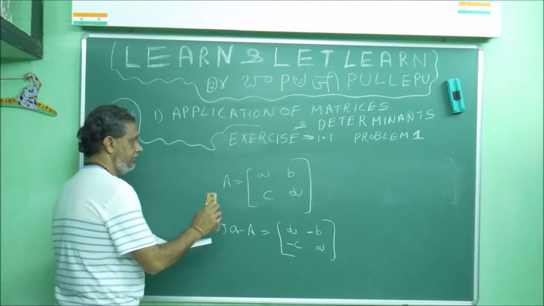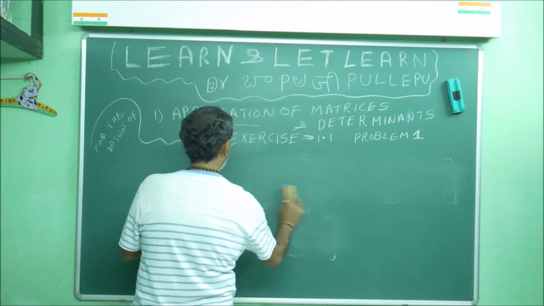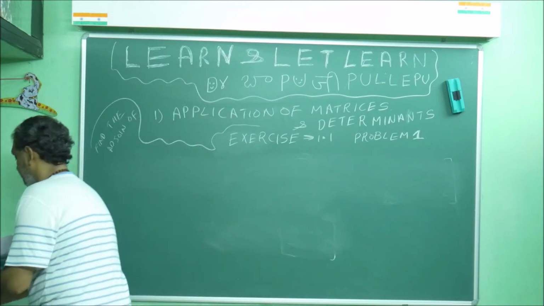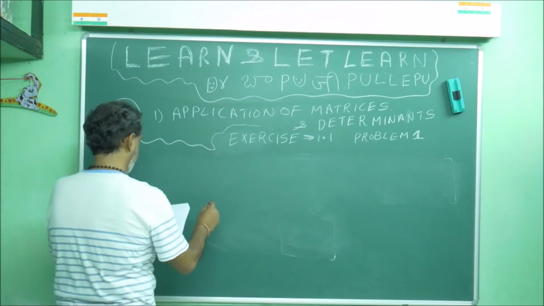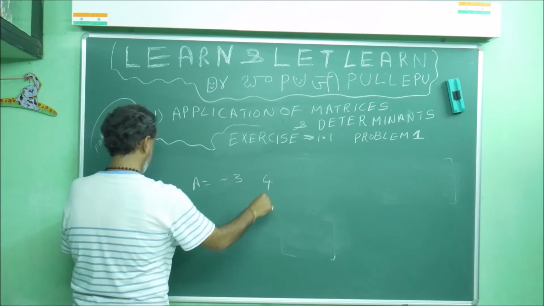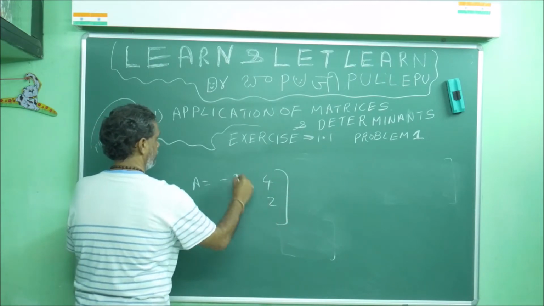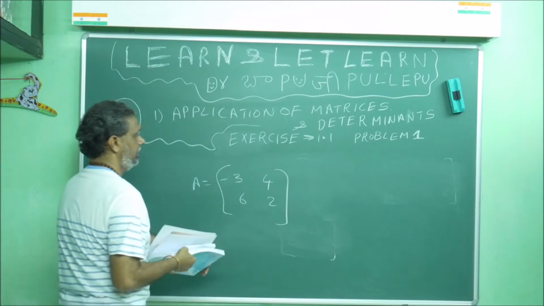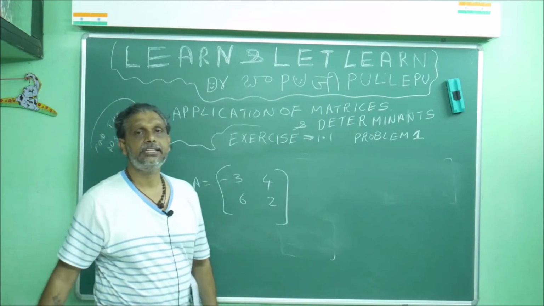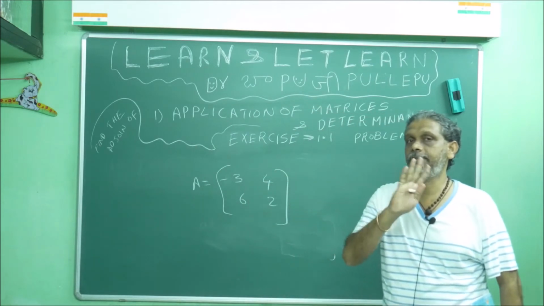First problem. Given A is equal to minus 3, 4, 6, 2. If A is a, b, c, d, then as I told you, interchange the diagonal elements and give minus to the remaining elements.